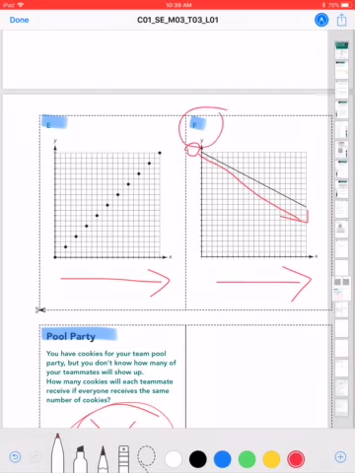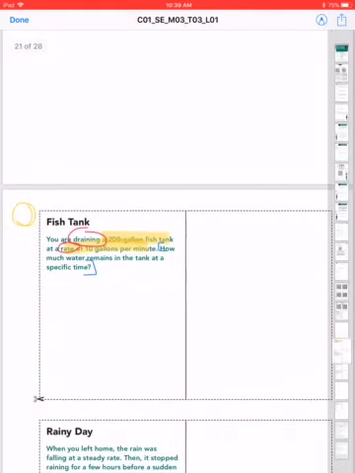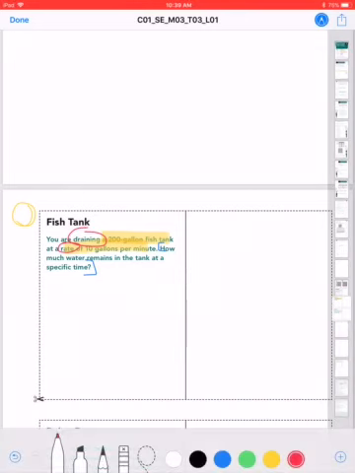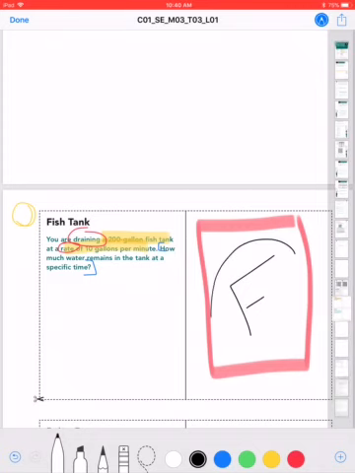So our answer for this fish tank problem is F. You can either cut out that graph and glue it in this box, or you can simply write that this problem belongs to graph F.